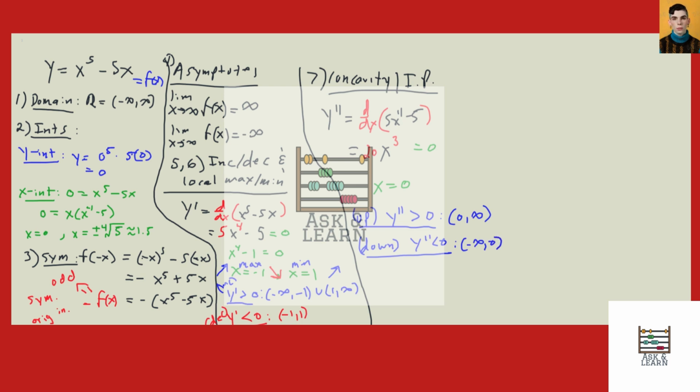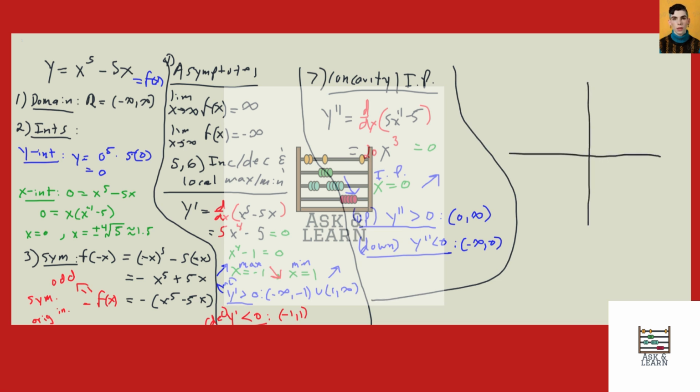So to the left of 0, this function is concave down, and to the right, it's concave up. So that tells us x is equal to 0 should be an inflection point of our graph. So we followed all of these steps that they suggested we do before we start actually trying to graph this.